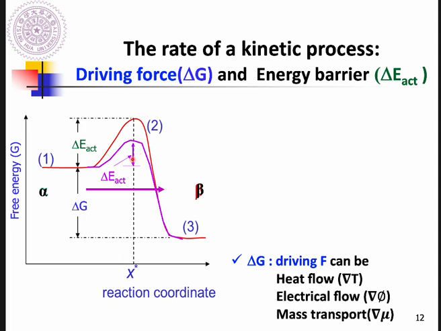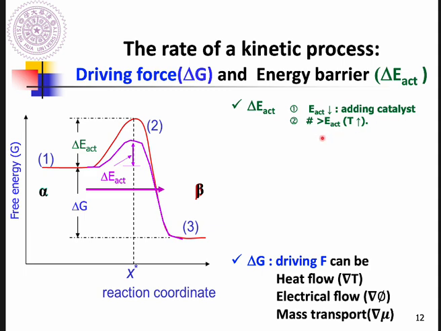Their idea will go this way: as long as they apply a driving force, whether it's a temperature gradient, an electrical potential gradient, or a chemical potential gradient, no matter which driving force is acting on the material system, in order to speed up all these reactions or phase transformations, they try to lower the activation energy by adding a catalyst, which is one of the choices.